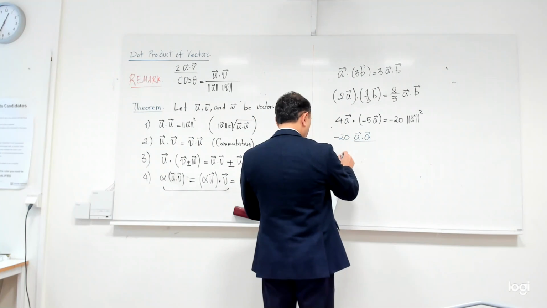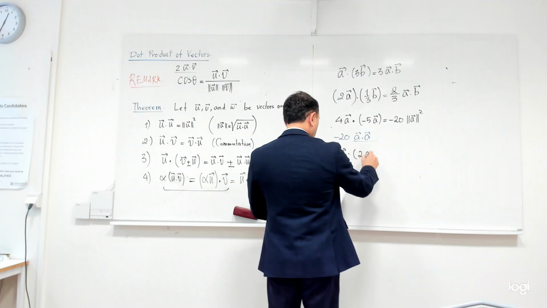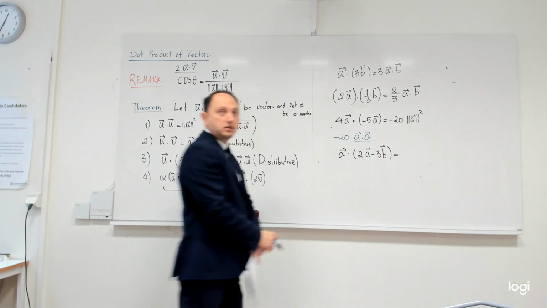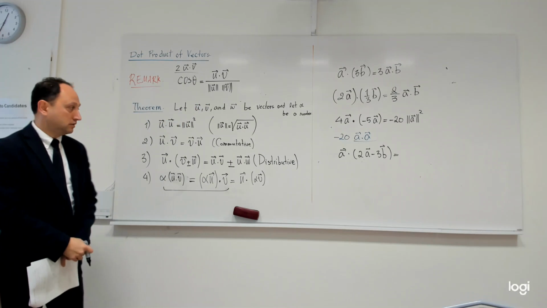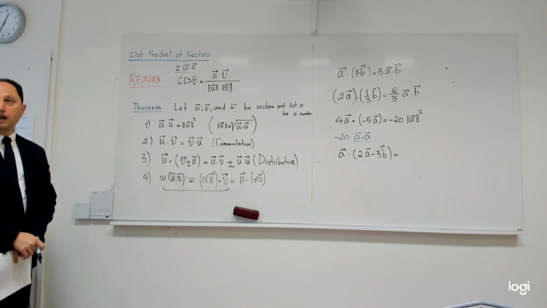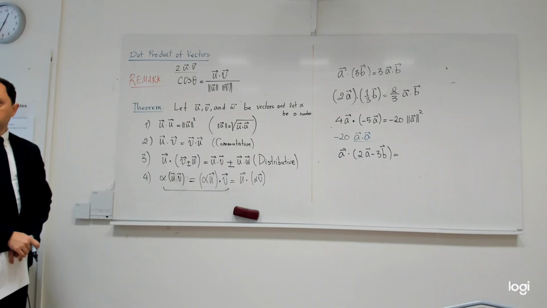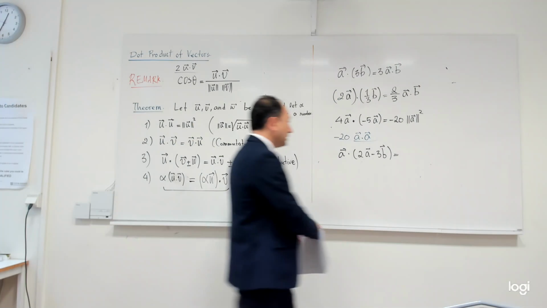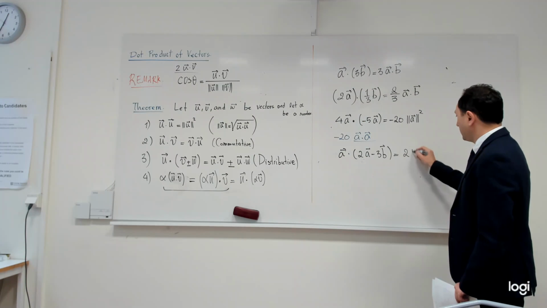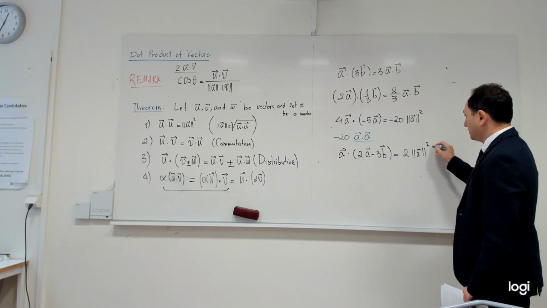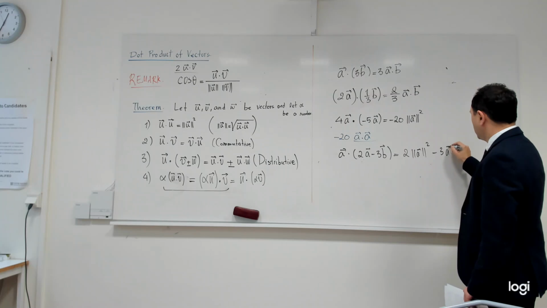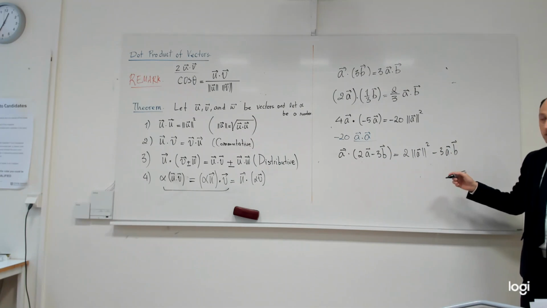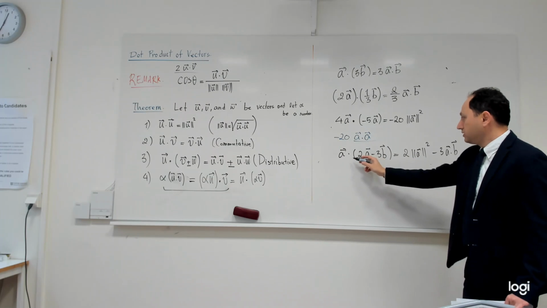So, maybe a more interesting one is, what do you think about this one? Can I write A dot (2A minus 3B)? Can I distribute it inside, like algebra? Can I or not? Yes, we can. I want you to be able to do this quickly, but if I want to do it in pieces, what should I do?